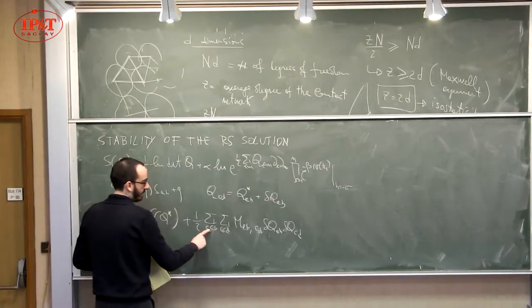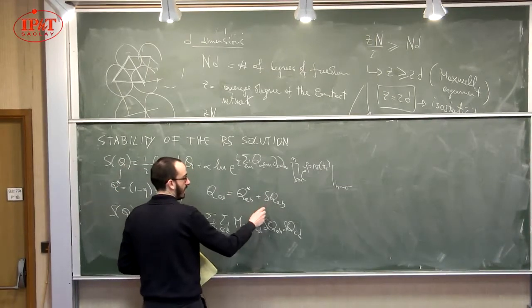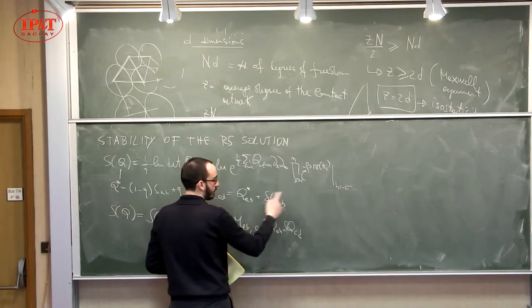And here I have the sum over A less than B and C less than D just because I'm only considering fluctuations that are matrices which are symmetric.